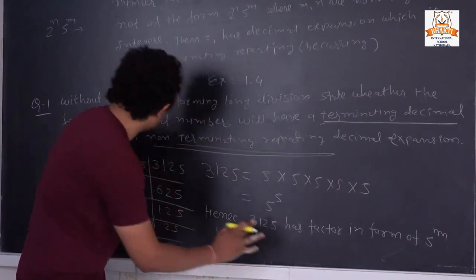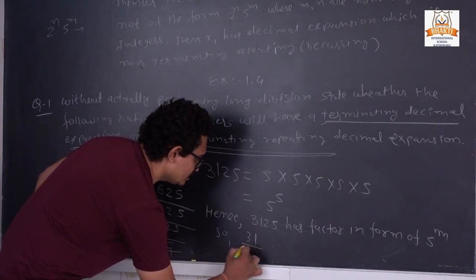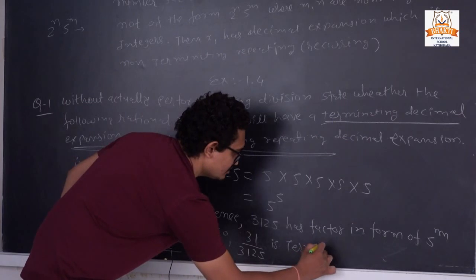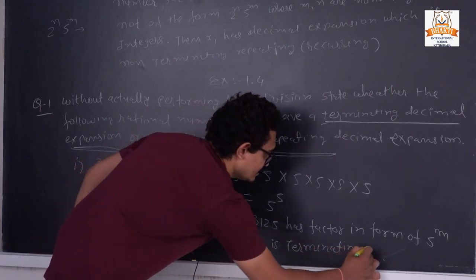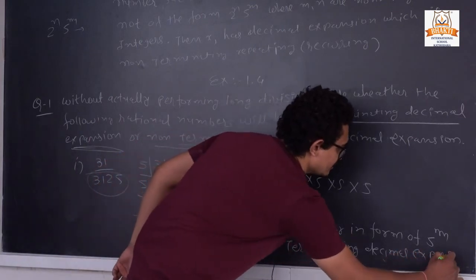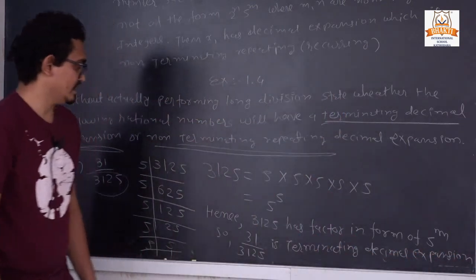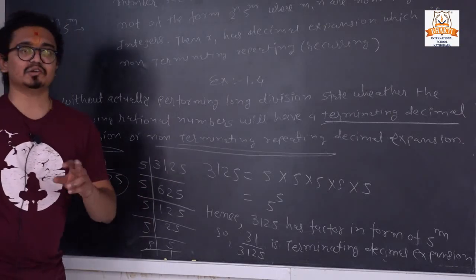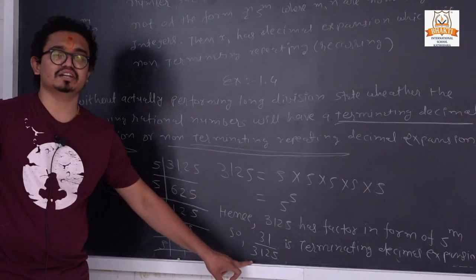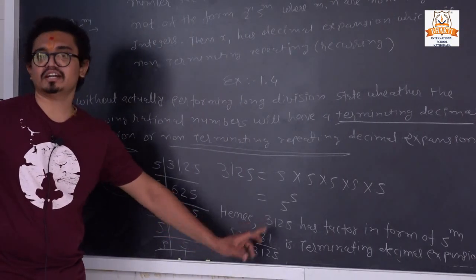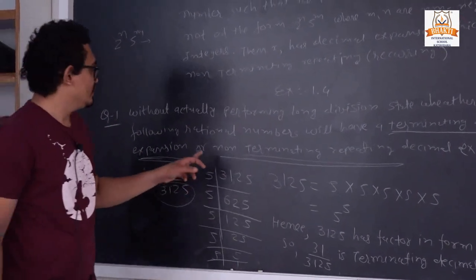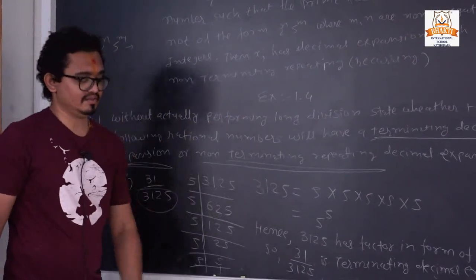So 31 upon 3125 is a terminating decimal expansion. Clear? Here you need to remember only one thing: if the denominator is in the form of 2 raised to n into 5 raised to m, then it is a terminating decimal expansion, and if it is not, then it is not a terminating decimal expansion.